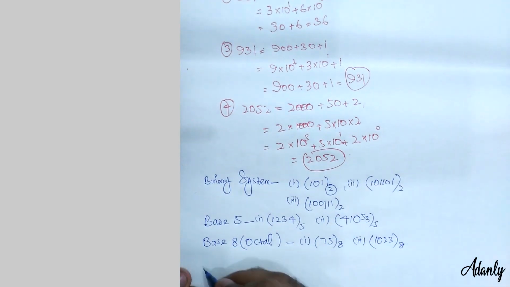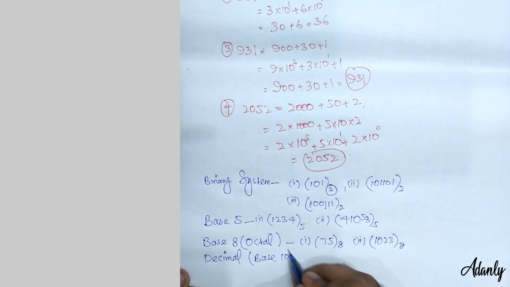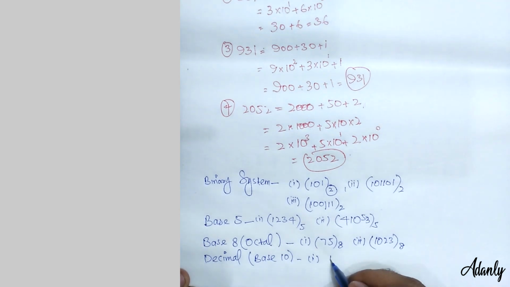Now the last number system, that is decimal, or we can also call it base 10. In base 10 we can write the numbers as 123 to the base 10, or we can also write it as 123.